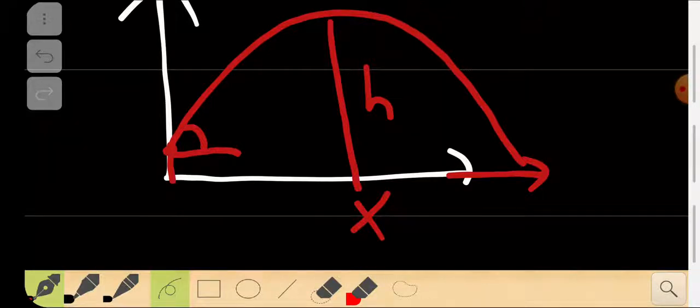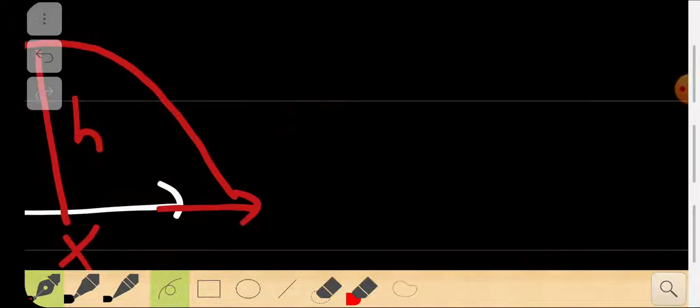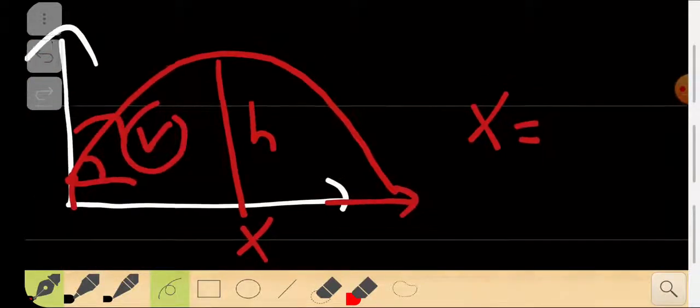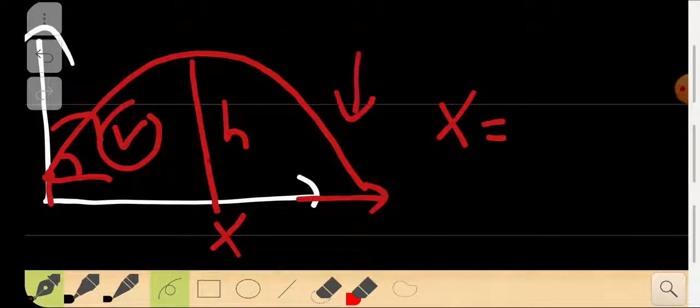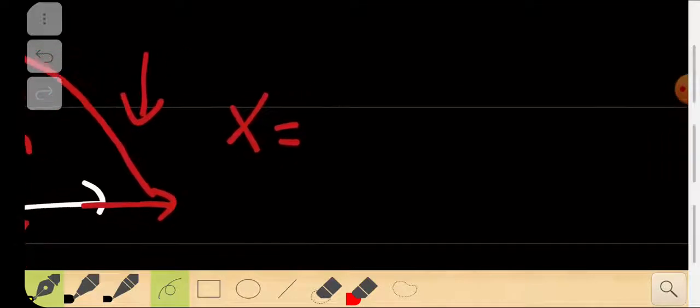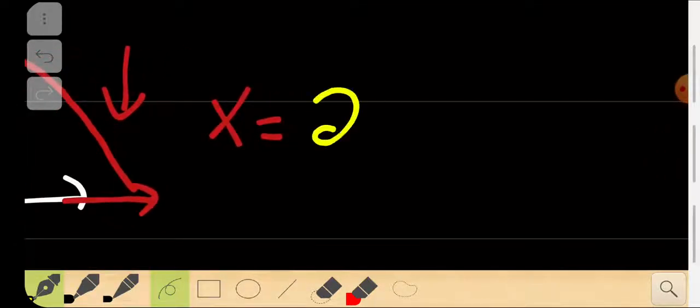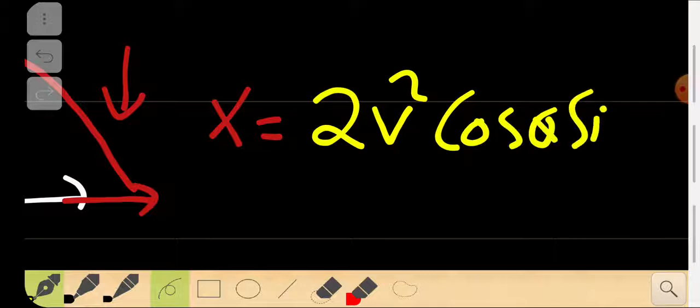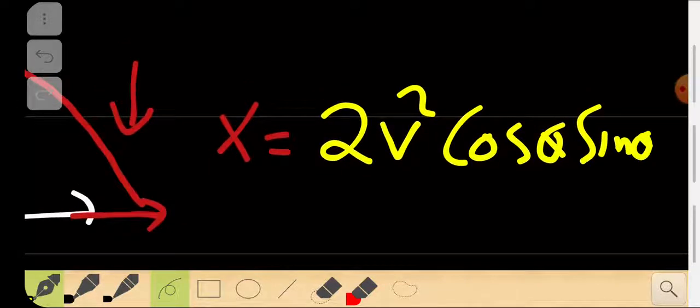If theta was the angle of throwing and v was the initial velocity, and there is a gravitational force acting downwards, then the range will be 2v square cos theta sine theta divided by g.